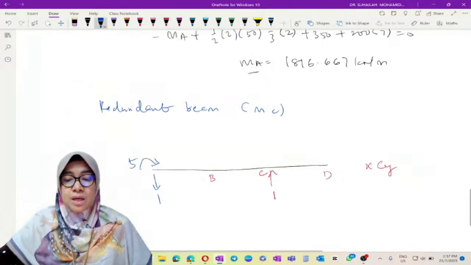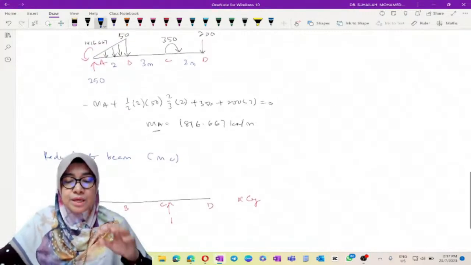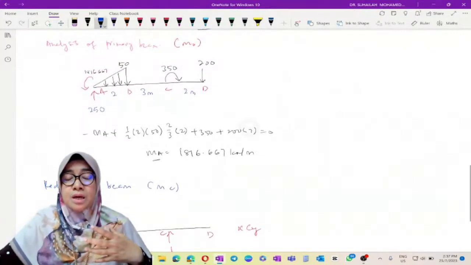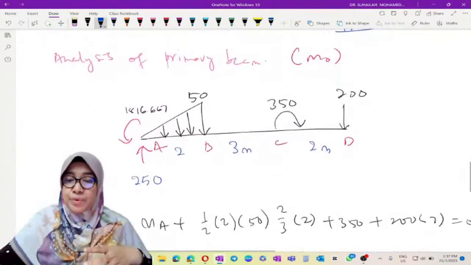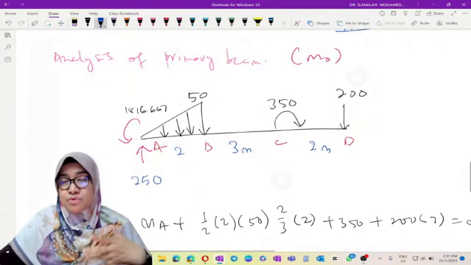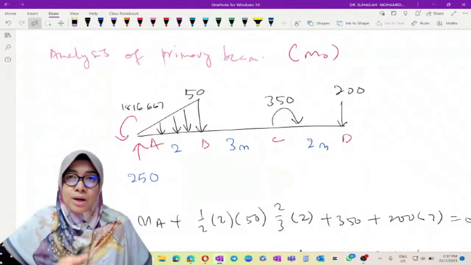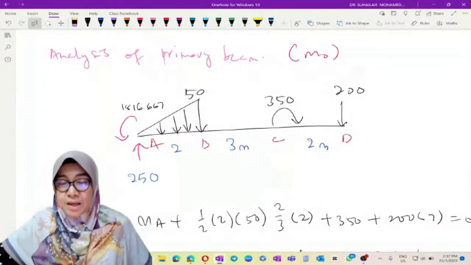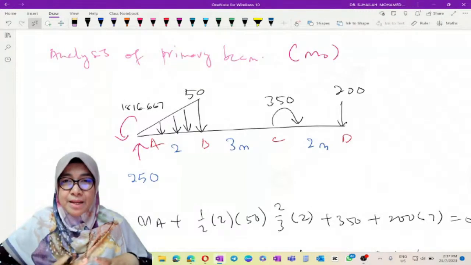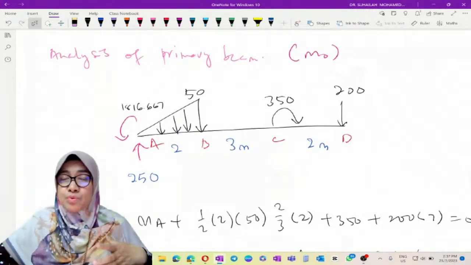Normally we calculate reactions because when we want to write the moment equation, we have to use the reactions.